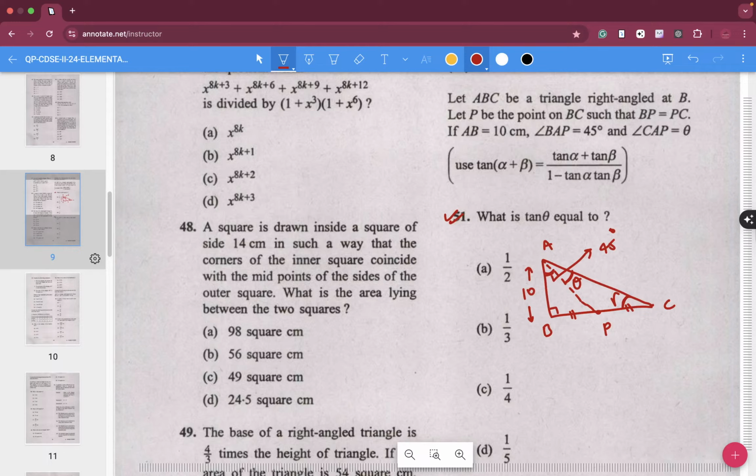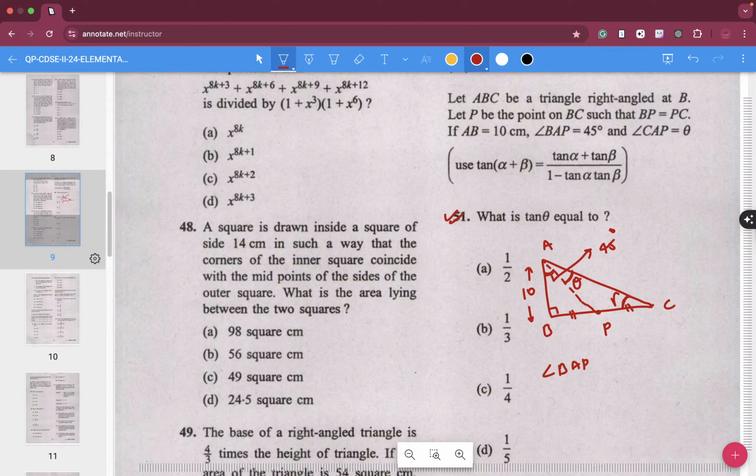P is a point over here such that AB is equal to BP, and PC is also the same, they are saying. Now one thing, can you guys guess it?